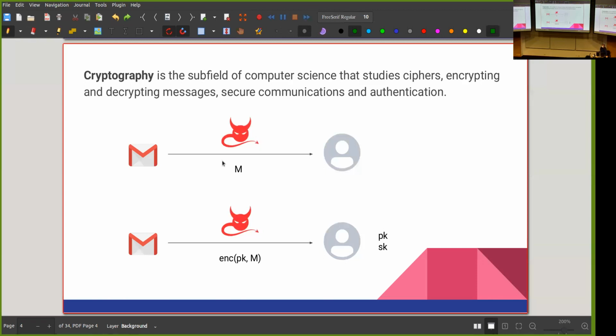And of course, we don't want that to happen. So usually what Gmail does and what any other mail server does is that they first encrypt the message and then send me an encrypted message. And then the idea is that I should be the only one who can decrypt this message and actually read my own emails.